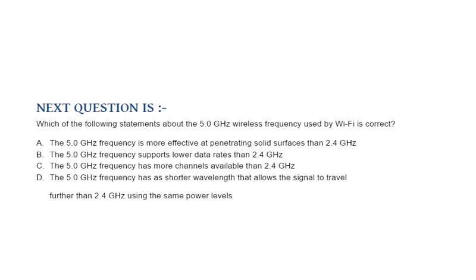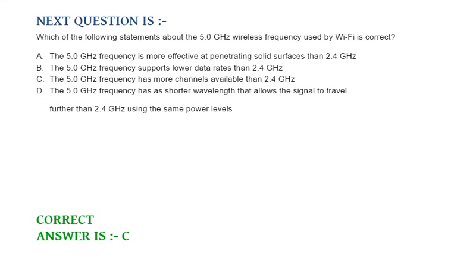Option C. The 5.0 GHz frequency has more channels available than 2.4 GHz. Option D. The 5.0 GHz frequency has a shorter wavelength that allows the signal to travel further than 2.4 GHz using the same power level. Correct answer is option C.